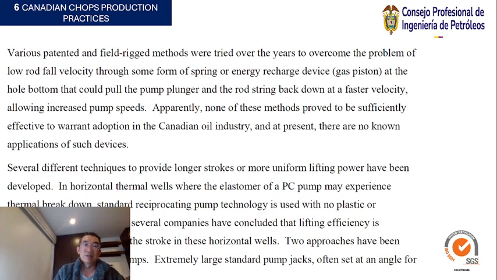Various patented and field-rigged methods were tried over the years to overcome the problem of low rod fall velocity through some form of spring or energy recharge device at the hole bottom, which could pull the pump plunger and the rod string back down at a faster velocity, allowing increased pump speed.